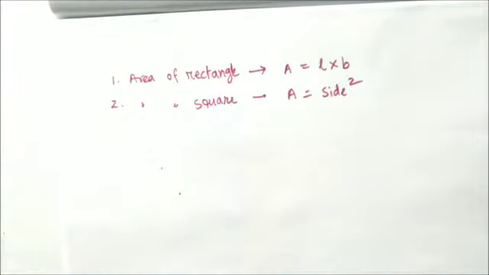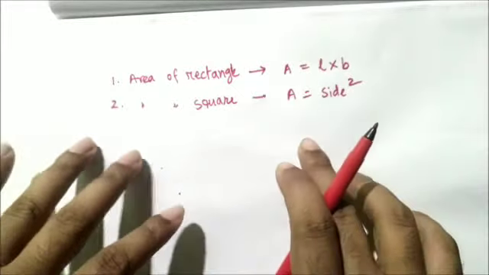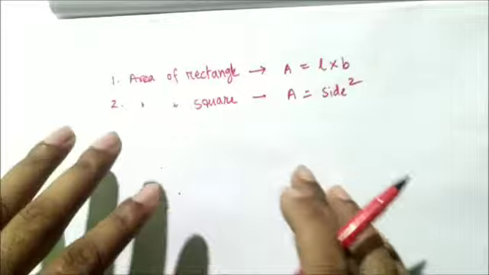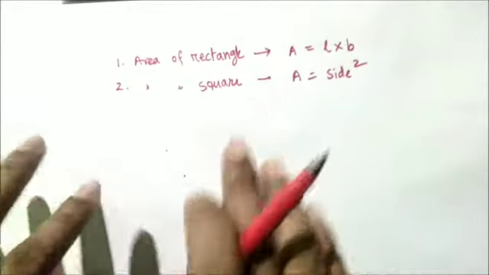But in the subsequent videos I will definitely upload videos where we will discuss the area of different objects like parallelogram, rhombus, even triangle, trapezium, and circle also. But today in this video we will just continue with the study of the rectangle and square only. Okay, you can note them down.